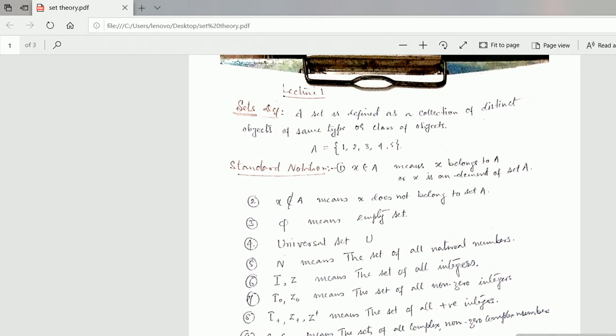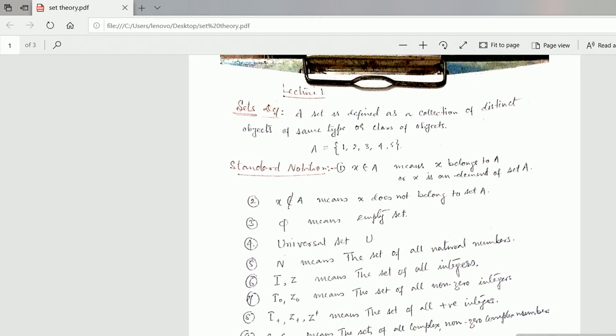A set is defined as a collection of distinct objects of the same type or class of objects. The objects of a set are called elements.